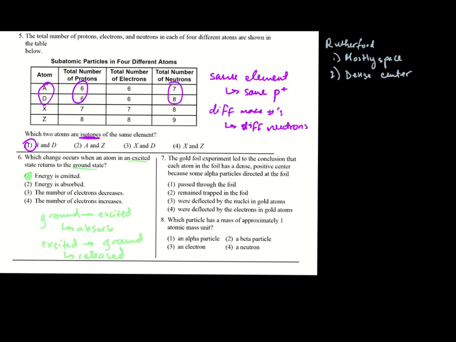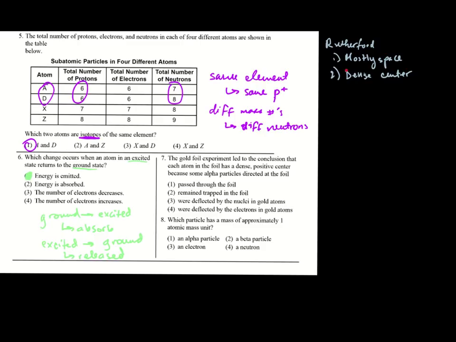We have to think about the reasons why he came up with that. For mostly empty space, it's because the alpha particles went through. If the alpha particles went through the foil, that means it had to go through some space. Hence mostly space is one of the conclusions he came up with.